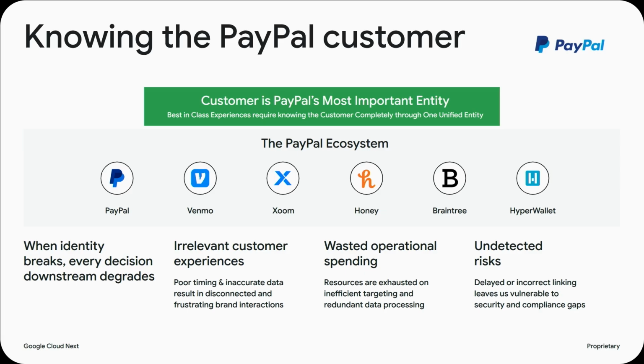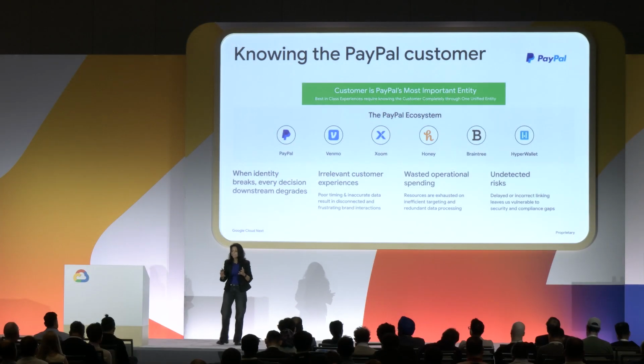Now, to power ads and personalization for those best experiences and seamless commerce, we must move from these fragmented entities into a unified view of customer. This requires a system that can evolve really quickly, resolve entities really quickly, traverse relationships, and provide that unified view. That helps us serve context-driven experiences, detect unforeseen risks and attacks that we may have, and optimize our own operational spending on ads and such.